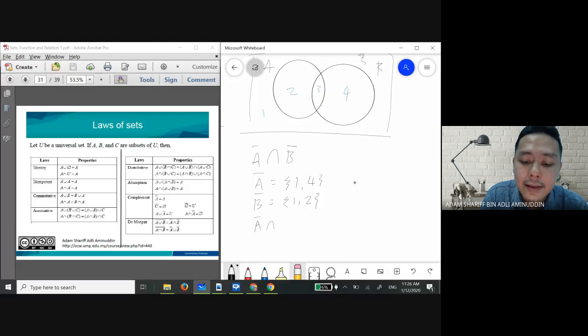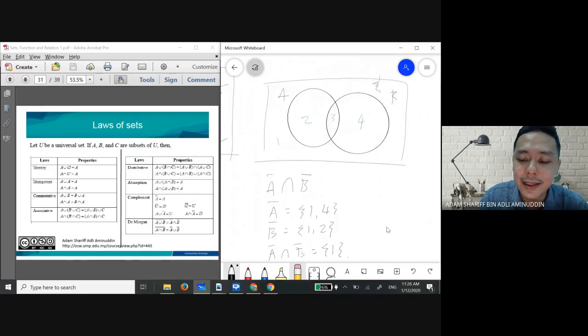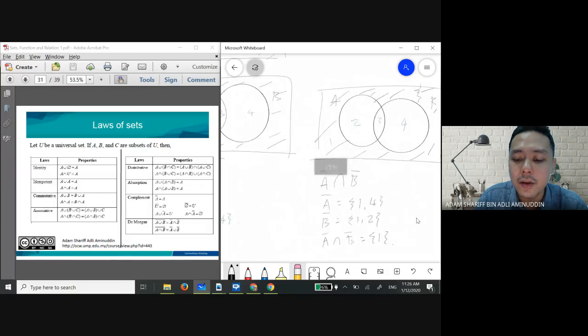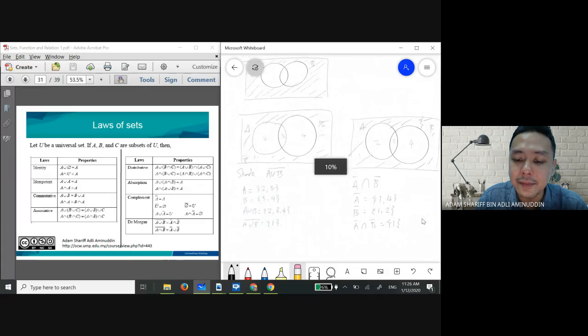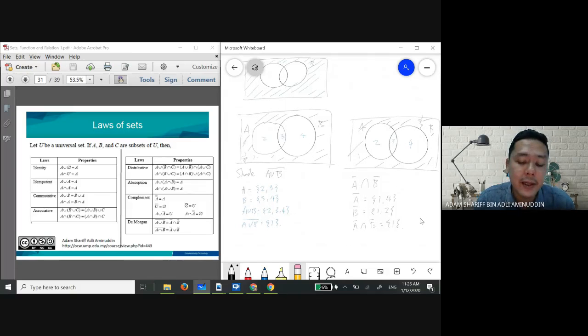Complement A intersect complement B will be 1. So, saya lorek 1. So, terbuktilah for the first De Morgan law, it will be the same. Different operation, but it holds the same region.